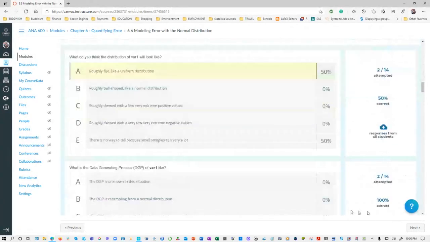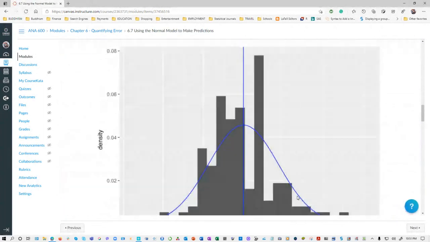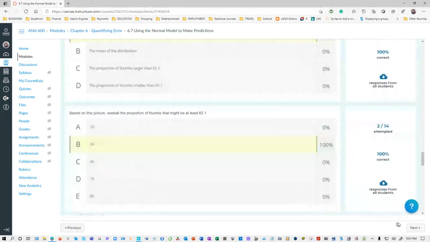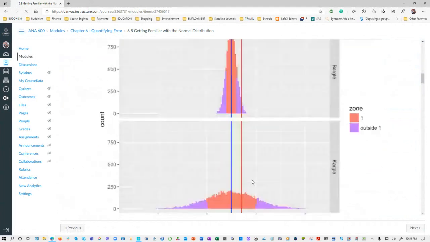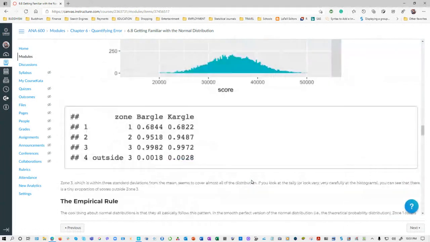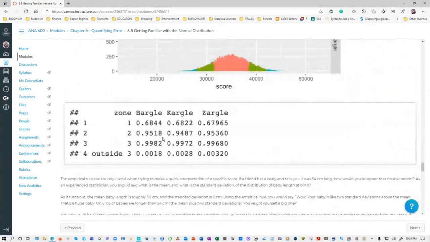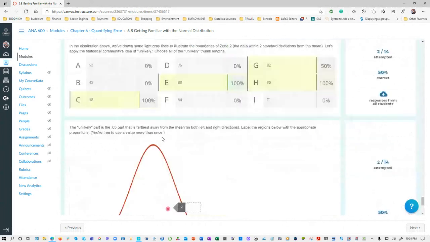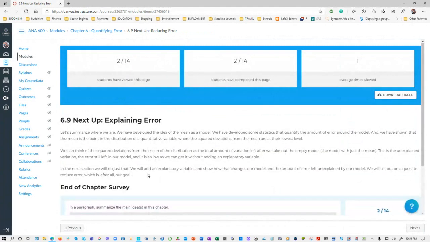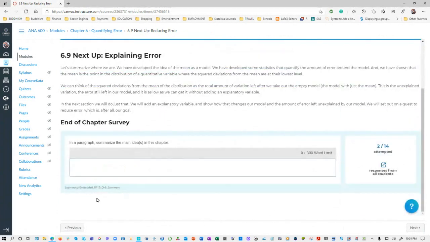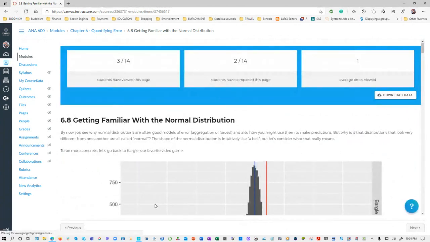So 64, 65 and 67, they use this different thing, adding more distributional properties. So yeah, items 4 through 6 and 8, I'm going to do in another video and upload tomorrow, I think.